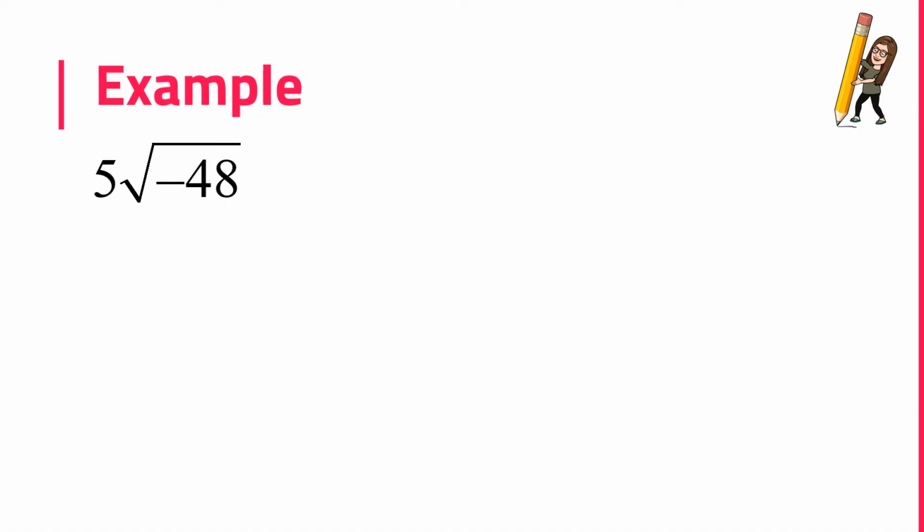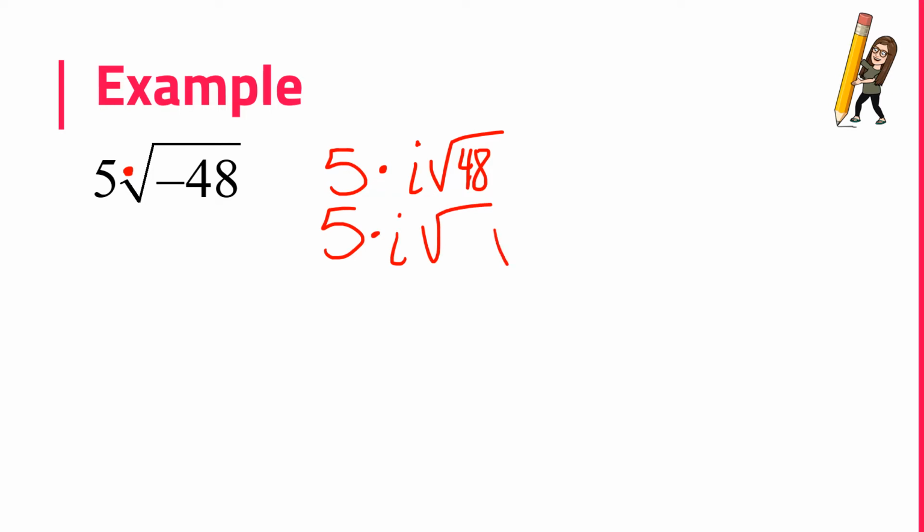Let's try another one. We're going to include operations in this process. So when things are next to each other, it means multiply, right? So I've got 5 times. I'm going to take an i out of the square root, an i to represent the negative under the square root. Let's break down the square root of 48. Think about that. What's a perfect square that fits in? 4 does, but something bigger does. 16. 16 fits into 48 3 times.